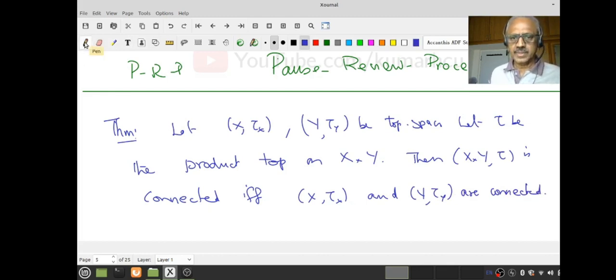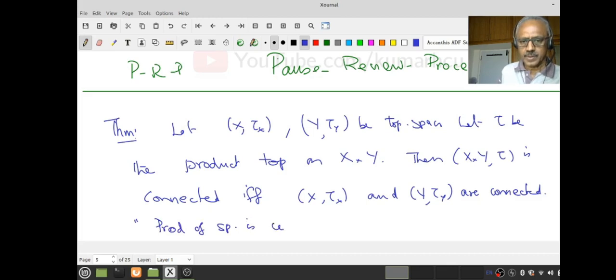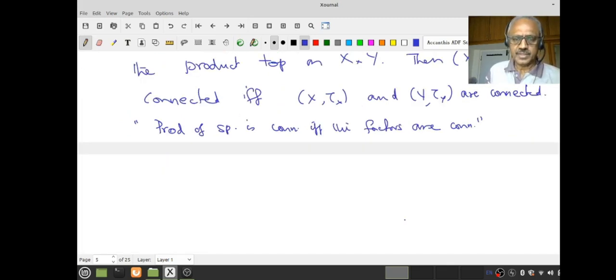Is the theorem clear? So how do I loosely speak? A product of spaces is connected if and only if the factor spaces are connected. This is a loose way of saying this. Do you understand this? Let us start with the proof.